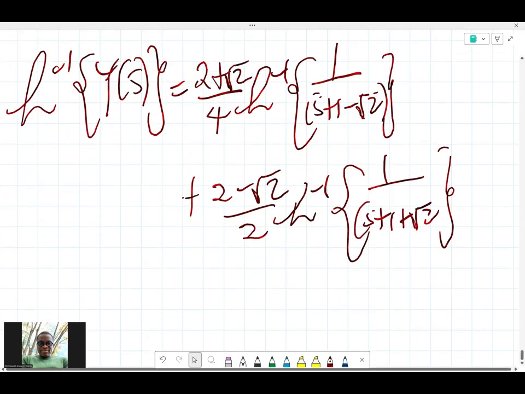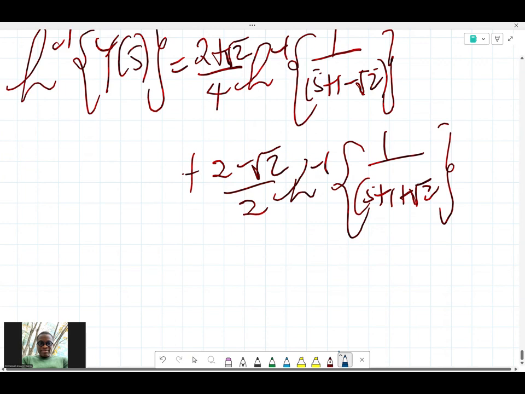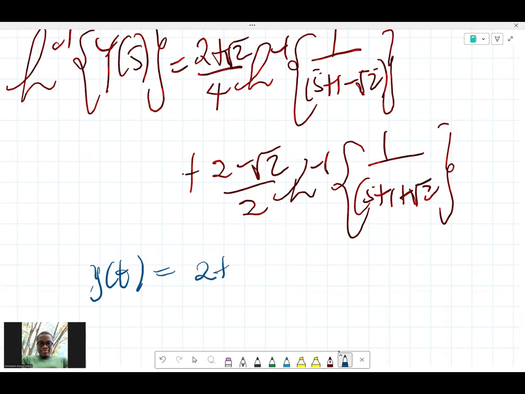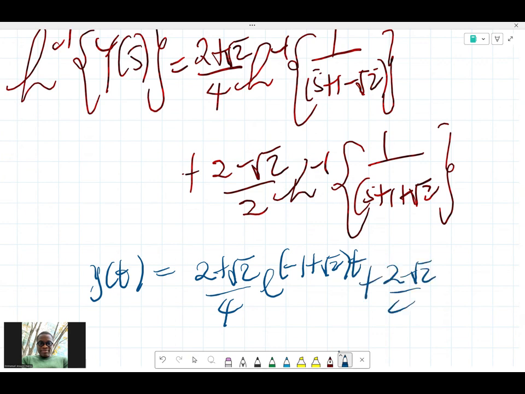So the inverse Laplace of Y of s is y of t, and this is equal to (2 plus root 2) all over 4 times e raised to the power (minus 1 plus root 2)t, plus (2 minus root 2) all over 4 times e raised to the power (minus 1 minus root 2)t.